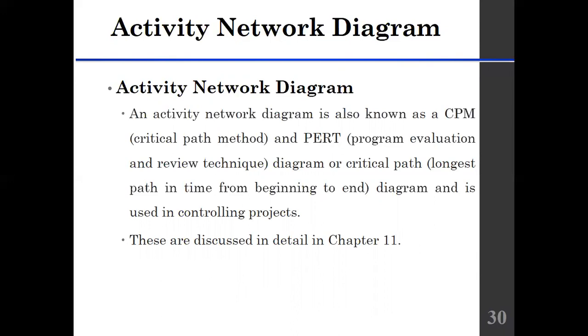But we will have to identify the critical path, and critical path is the path that is longest in time from beginning to end of a project. Okay, this was an idea I was trying to give you here, but inshallah we will discuss it in the coming lecture, in chapter number 11.